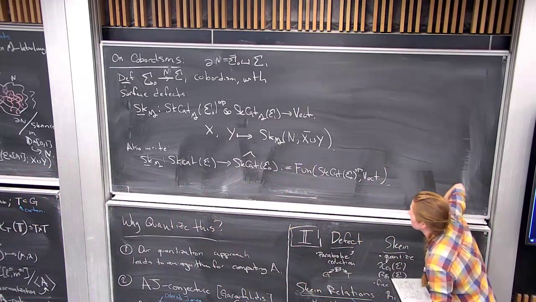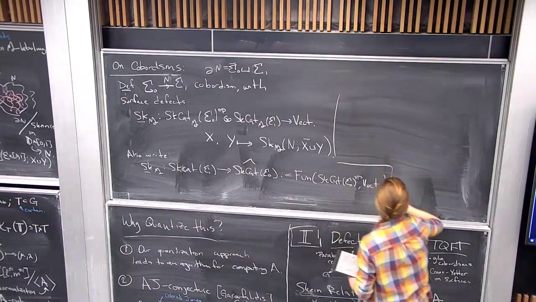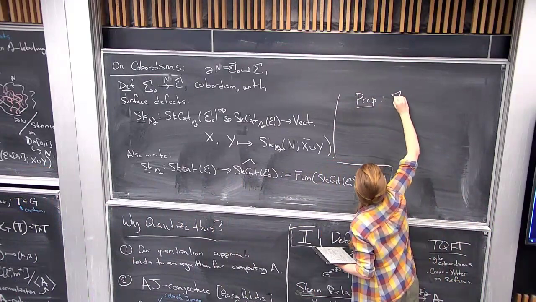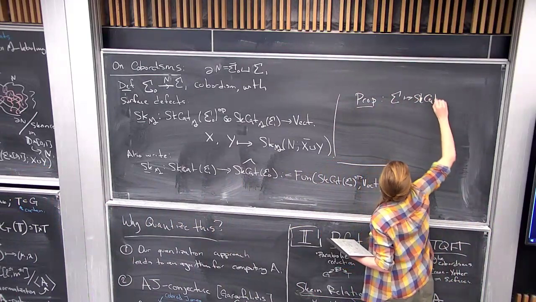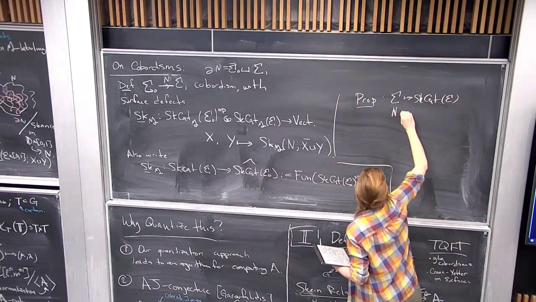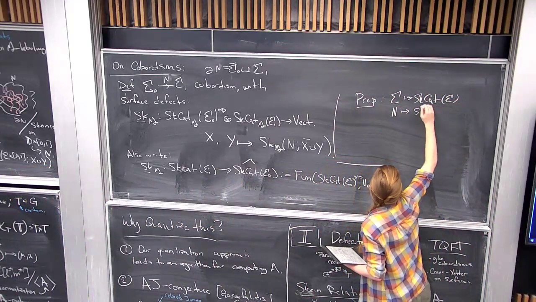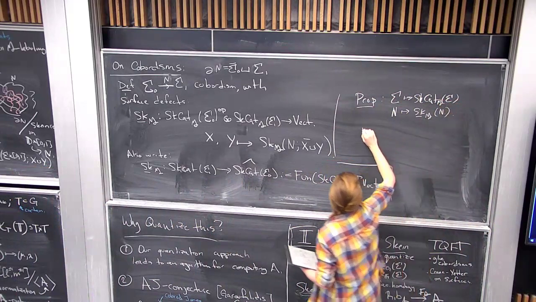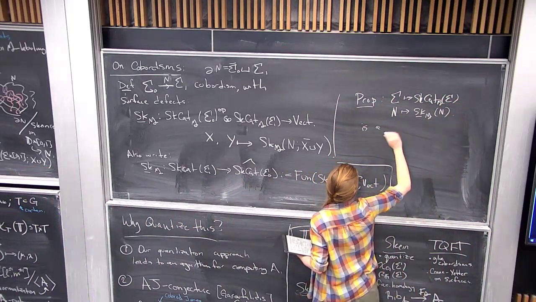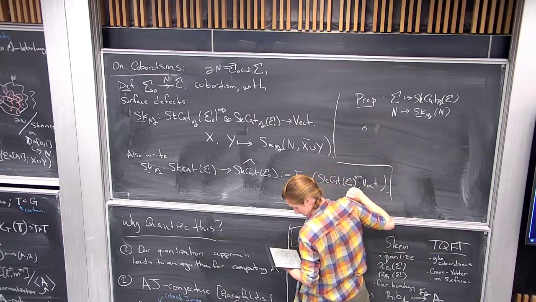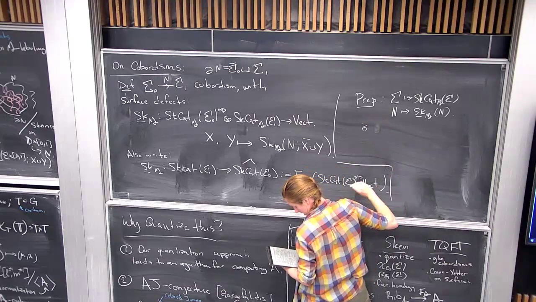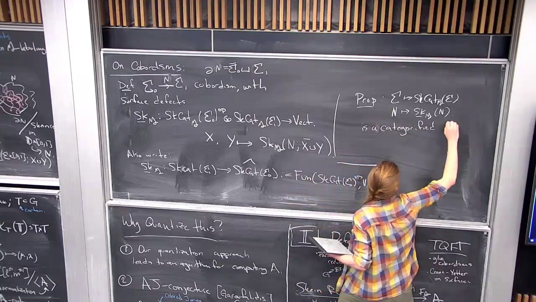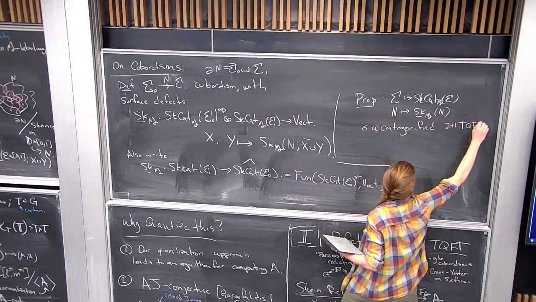Okay, I have this. And now the proposition is that this, Sigma going to the skein category of Sigma, and the cobordism going to this relative skein module, is a categorified TQFT.